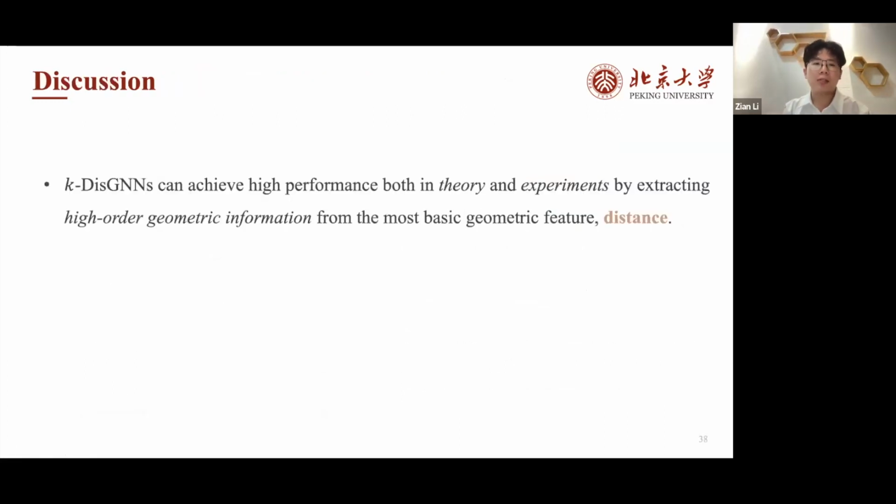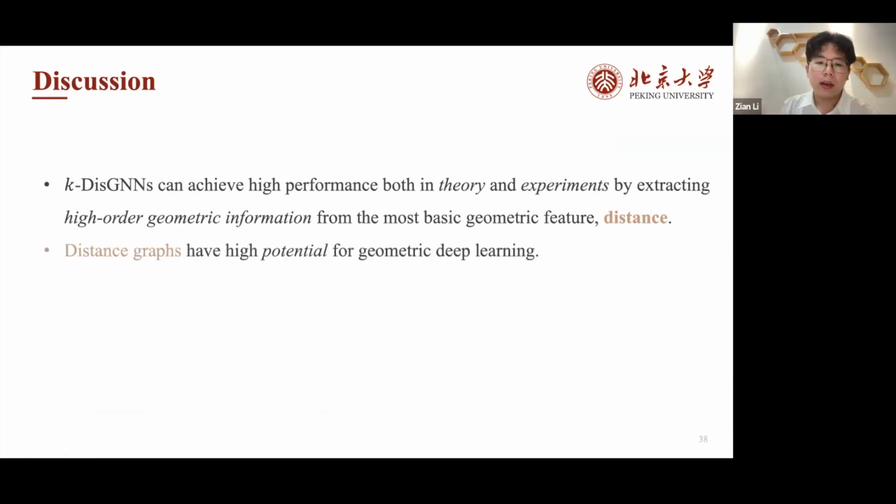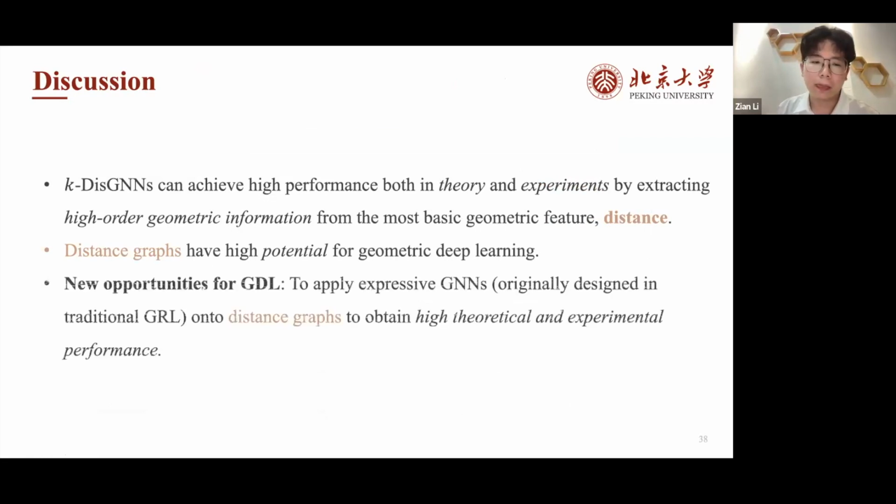So let's do some discussion. As we can see, k-DisGNN can achieve very high performance, both in theory and experiments. They can do this by extracting high-order geometric information from the most basic geometric and invariant feature, distance. We showed that distance graphs have very high potential for geometric deep learning.